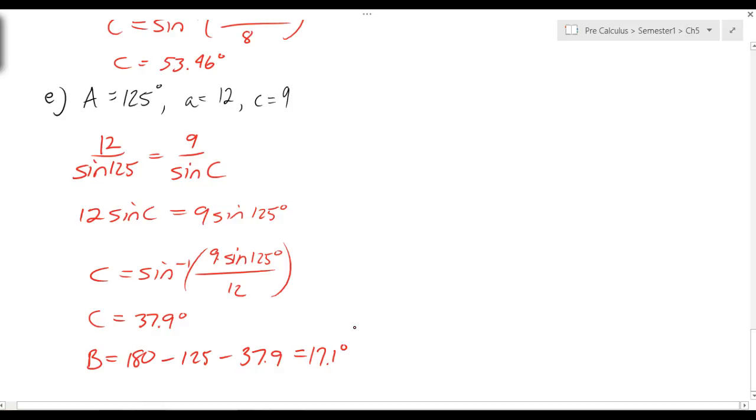Now we just need to find side B. So we'll say B over the sine of 17.1 is equal to A, which is 12, over the sine of 125. And we get B is equal to 12 sine 17.1 over the sine of 125, which is 4.3. So we did find one solution.